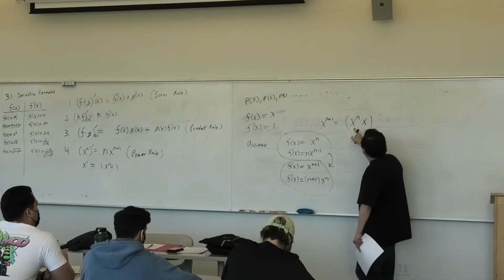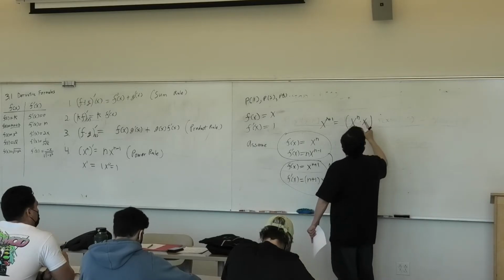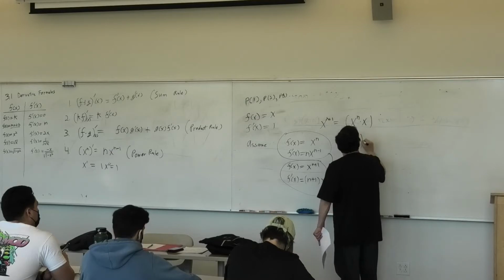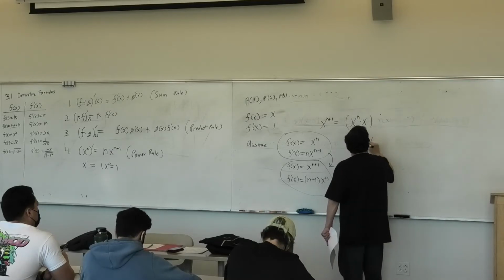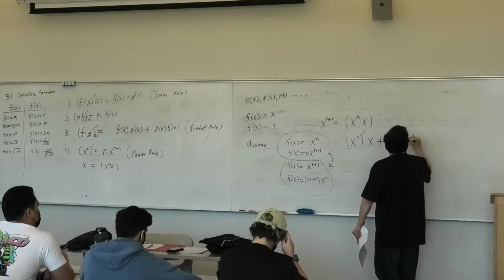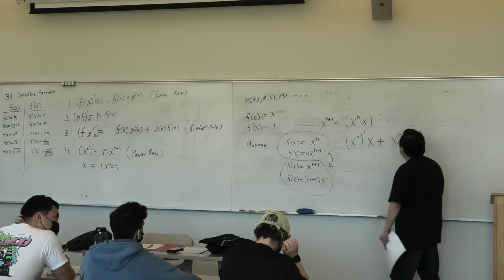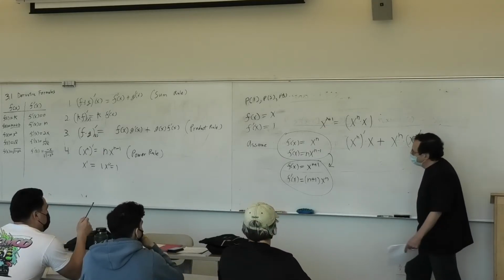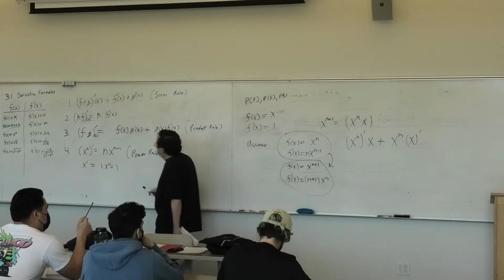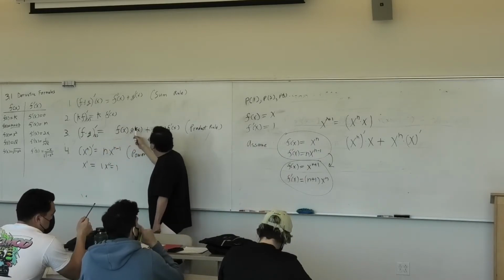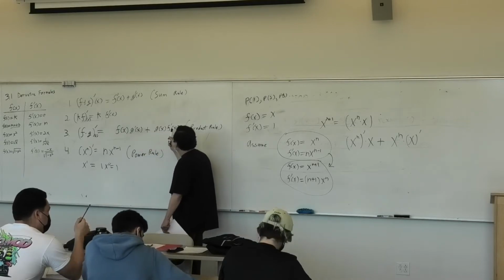The derivative of x to the n times x is the derivative of x to the n times x plus x to the n times the derivative of x. I did that really fast. Remember, the derivative of the product of f and g is f times the derivative of g plus g times the derivative of f.